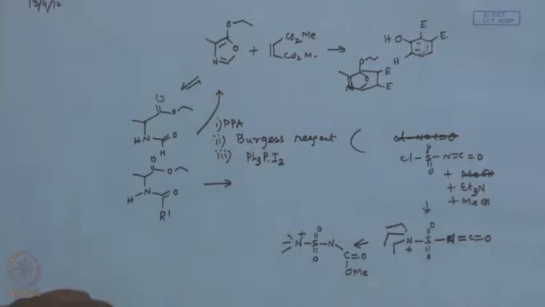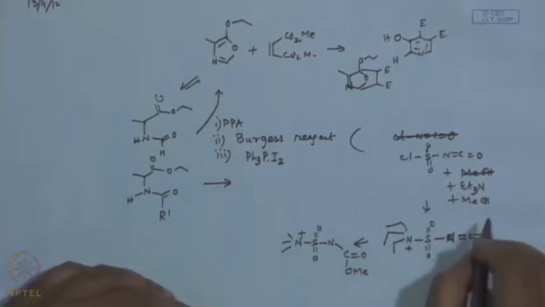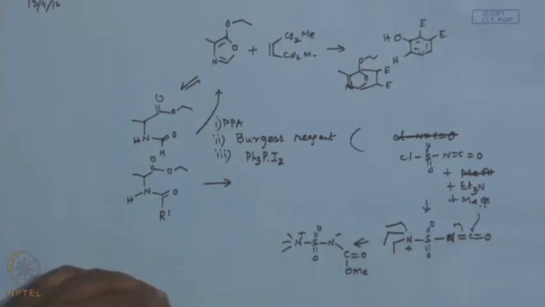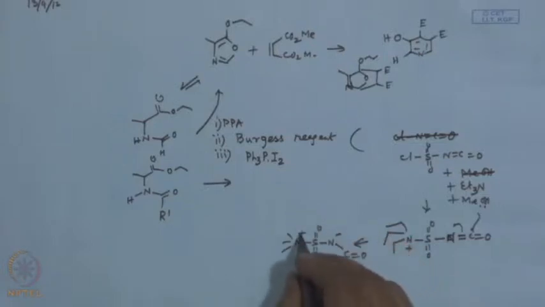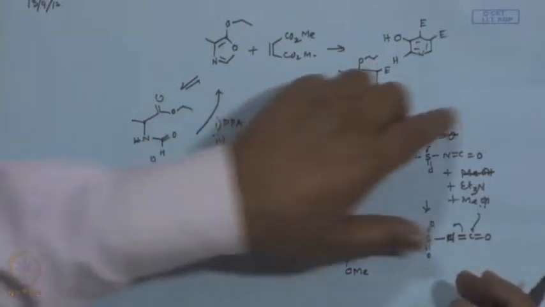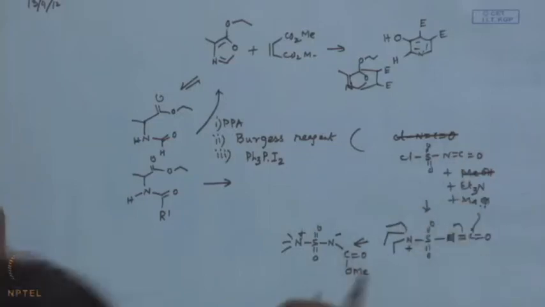Methanol adds to this carbonyl, and so you get a carbanion. Essentially this is a salt, with a plus nitrogen and a minus nitrogen. This is actually Burgess reagent. It is easily prepared, and all these materials are commercially available.